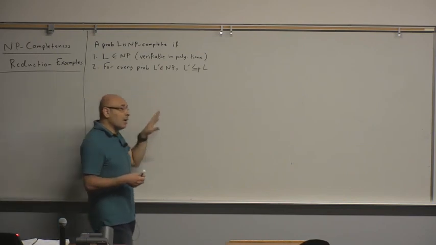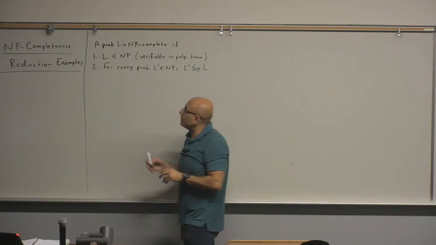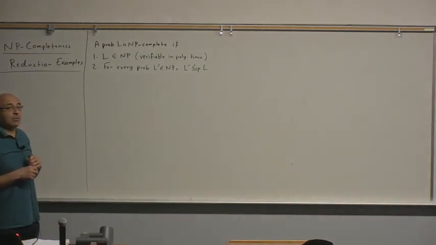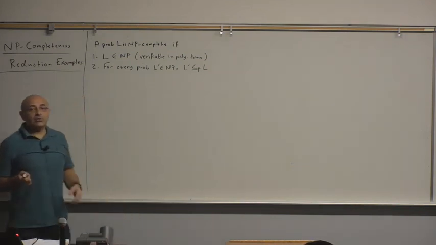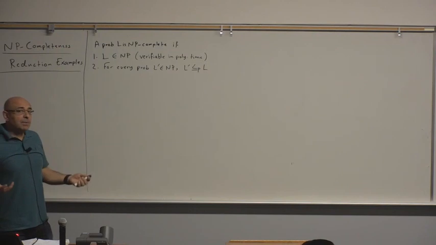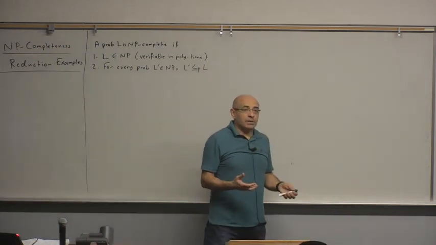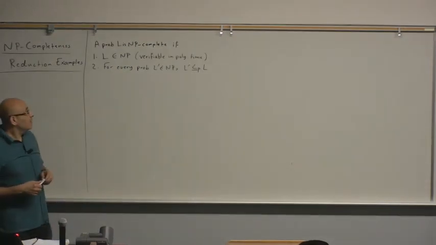So now, last time we offered an easier condition, a condition that is equivalent but is easier to check. And what was that? L star. So instead of trying to reduce every problem in NP to L, we reduce one known NP-complete problem to L. And why is that valid?